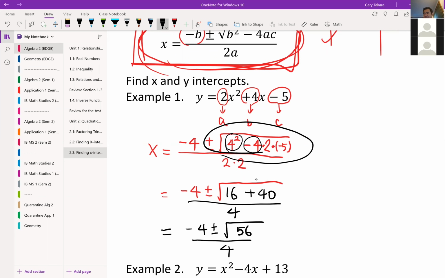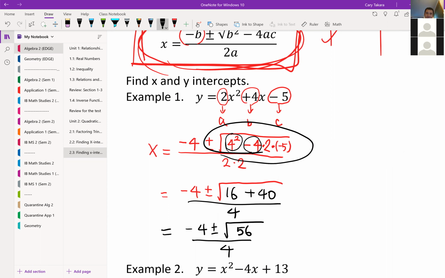Now, you know that there are usually 2 x-intercepts, right? Because with a parabola, you can have 1 x-intercept or 2 x-intercepts. And that's where the plus and minus comes in.